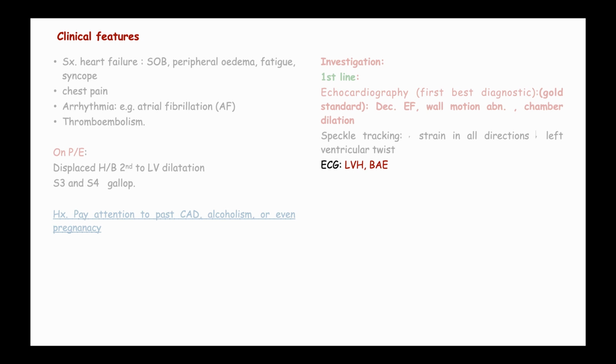So the ECG, when we do it in dilated cardiomyopathy, will show a left ventricular hypertrophy as well as a biatrial enlargement. We may also find some conduction abnormalities such as left bundle branch block as well as AV blocks. Then we may also see a reduction in the QRS voltage.